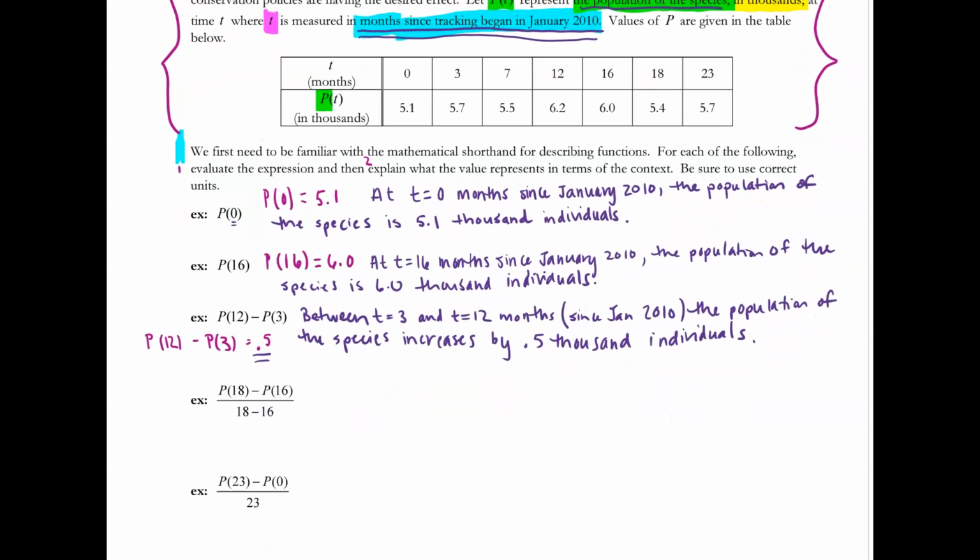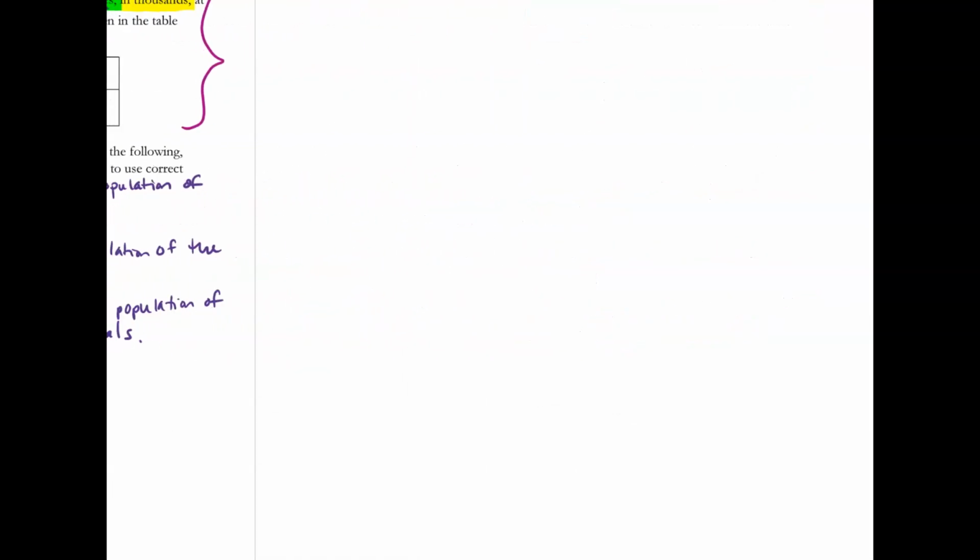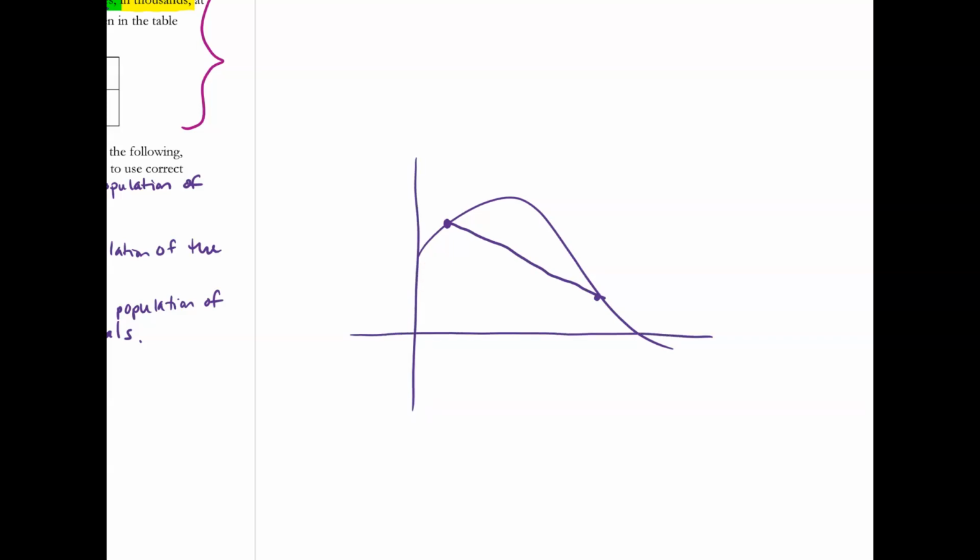All right, these last two examples on this page look really similar, and they are really similar. It's because they involve average rate of change. So if this structure looks familiar to you, I'm going to go off to the side for a second. In algebra, when you're asked to calculate the average rate of change, like say on a graph between 2 points on a curve, for example, we know this would be an x and a y coordinate.